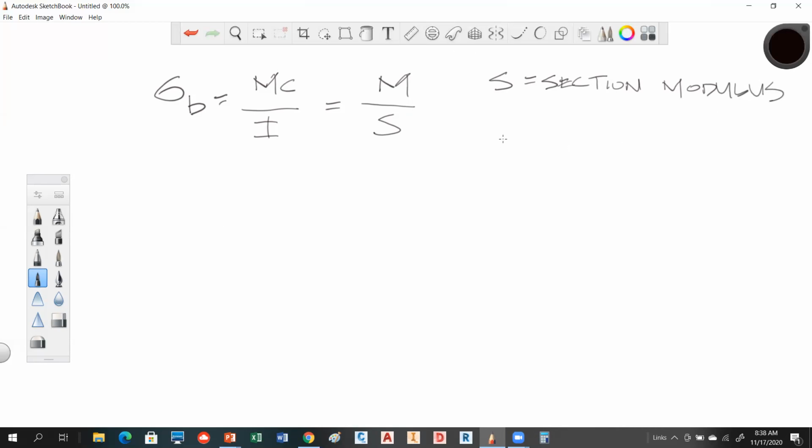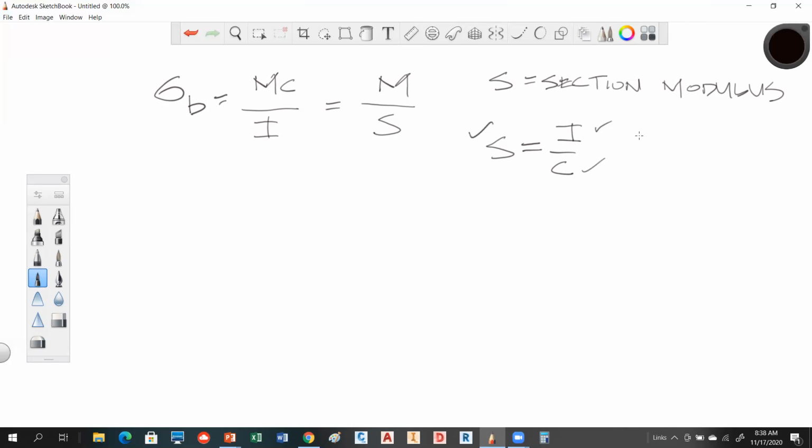And what's cool about the section modulus is it's defined as I divided by C. So in tables, you can look up the section modulus, and you notice that if you substitute that for that, you get the section modulus. You can just look this up. So you don't have to look that up and that up.